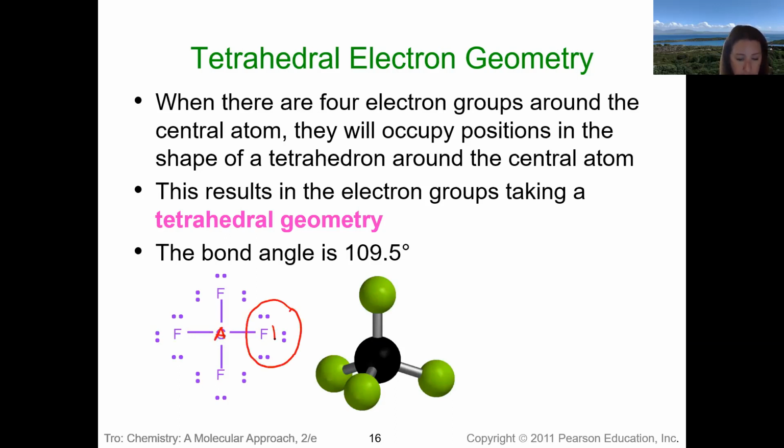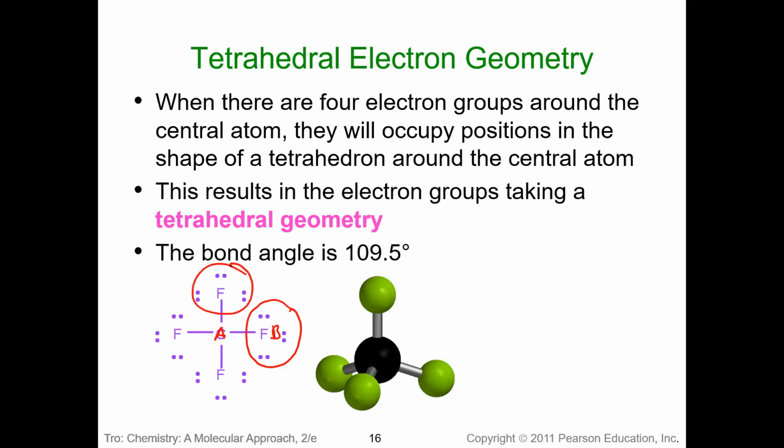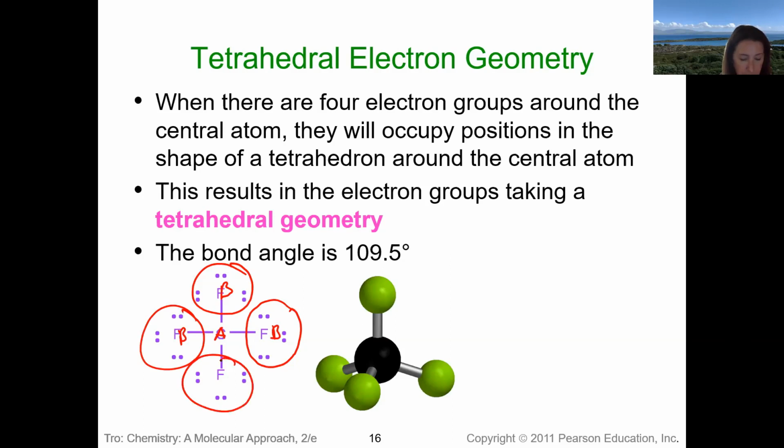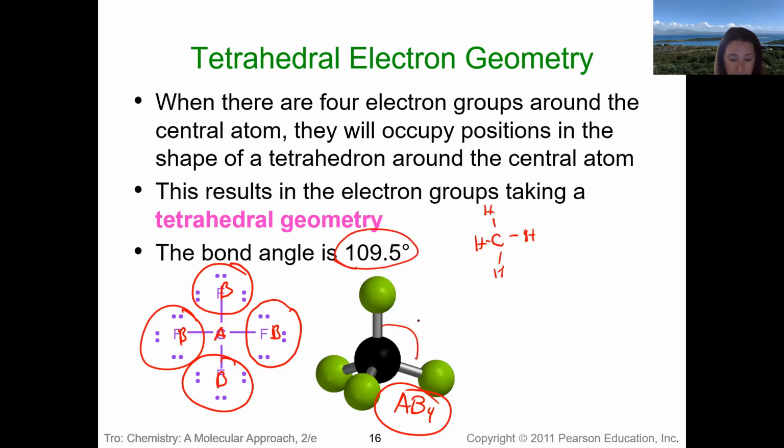There's 1 bonded atom, 2 bonded atoms, 3 bonded atoms, 4 bonded atoms. So this is AB4. If we were, for example, to draw CH4, it would have the exact same molecular geometry of AB4, and its bond angles are 109.5.